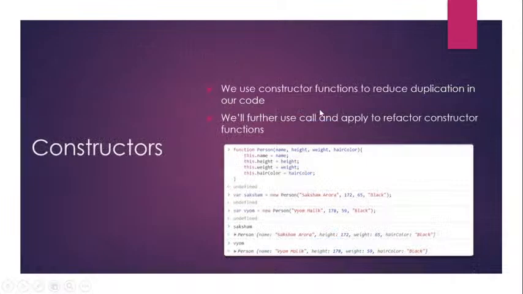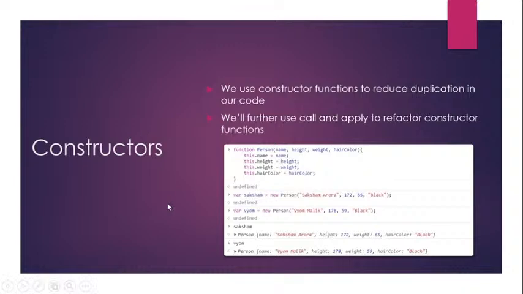Now, we use constructor functions to reduce duplication in our code. We'll further use call and apply to refactor constructor functions. That means we're going to use constructor functions, and in fact we're going to use call and apply to refactor that code. That means we're going to use these methods which we talked about in explicit binding to further advance these codes.